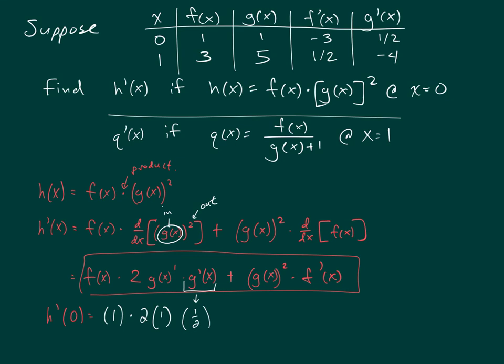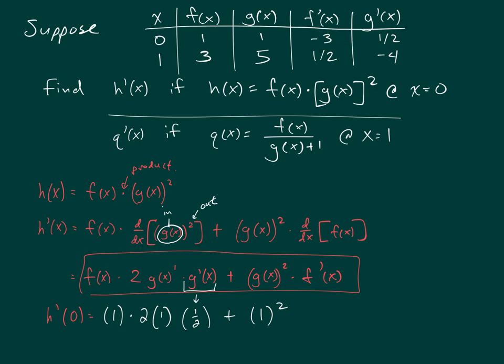So here I have this piece plus, we already talked about this, g of 0 is 1, so this will be 1 squared. And f prime of x when x is 0 is -3.